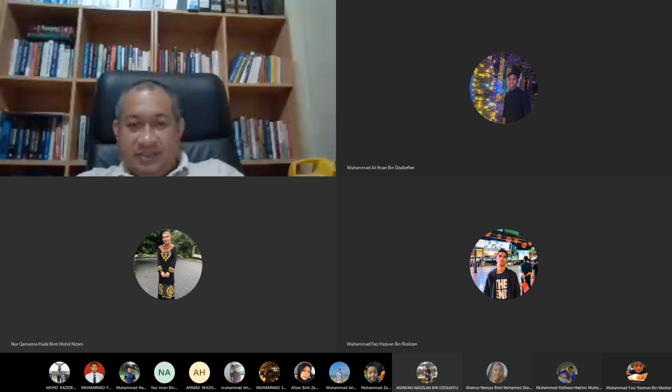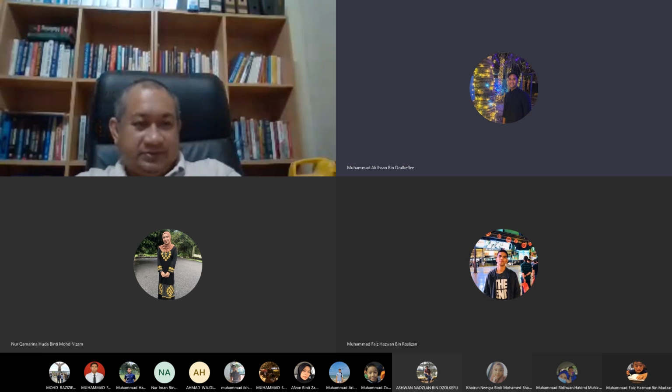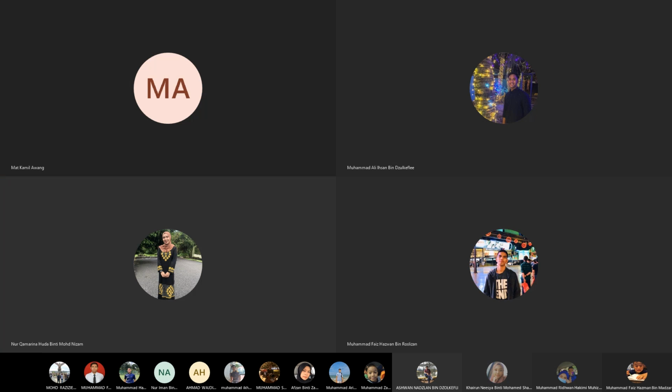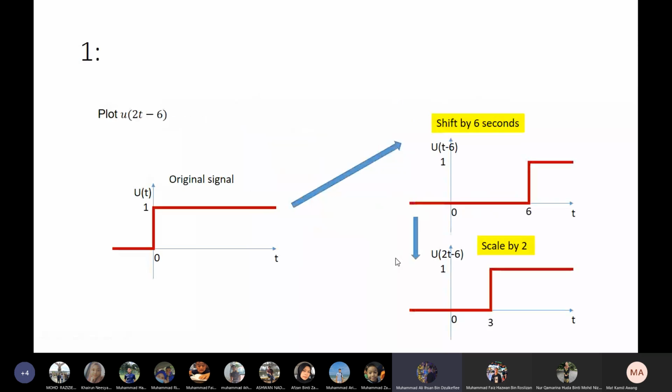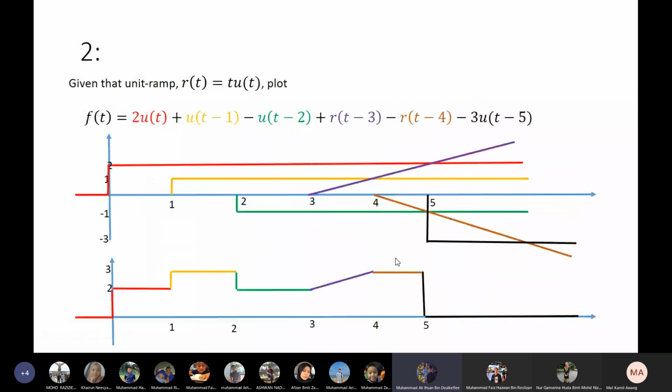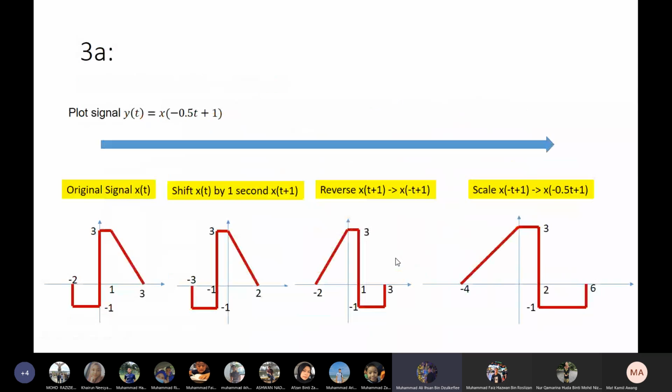So, kalau you nak tengok yang tadi, saya masukkan balik, boleh tunjuk balik the slides. Tak ada masalah. Okay, kejap saya share balik. Okay, nampak? Depan lagi, sir.